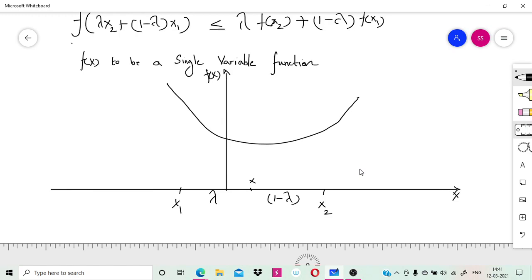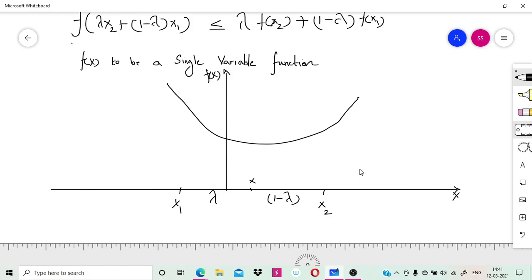So x1 to X is lambda, and X to x2 is 1 minus lambda. If lambda is 50%, you get the midpoint. Lambda lies between 0 and 1, some fraction.